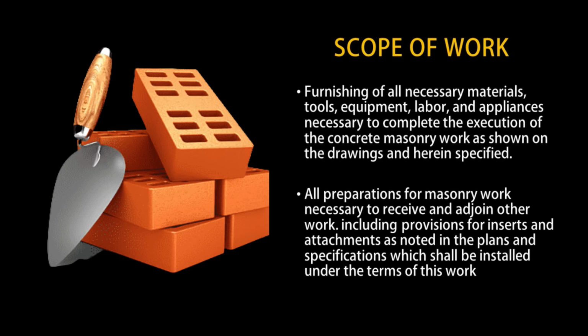Scope of work. The work covered by this item shall include the following: furnishing of all necessary materials, tools, equipment, labor, and appliances necessary to complete the execution of the concrete masonry work as shown on the drawings and herein specified.